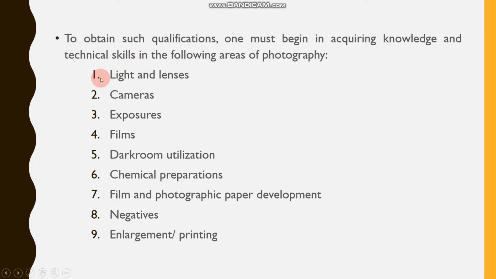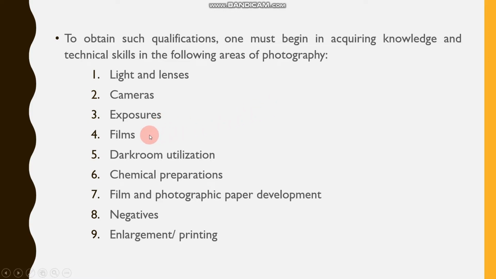So, first, dapat matutunan mo yung about sa light and the lenses. So, pag-aaralan natin yan. The cameras, iba't ibang klase ng camera, and then the parts of the camera, the proper exposure, kung gaano ba kadaming ilaw, kung gaano ba kaunting light yung kailangan, and the films, diba?